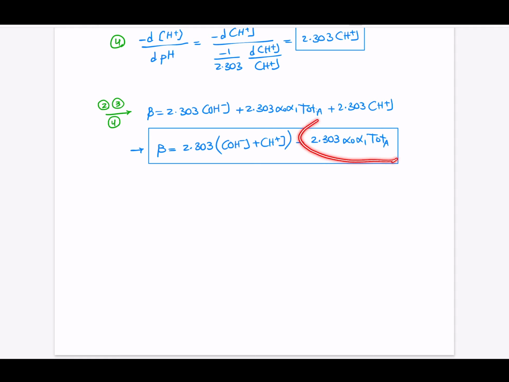And what is this contribution? If you remember, we had two types of contribution on the overall buffer intensity. One was coming from the buffer intensity of water. The other one was coming from the buffer intensity of the weak acid. So this is basically the contribution of the buffer intensity of water, and this is the contribution of buffer intensity of the weak acid.